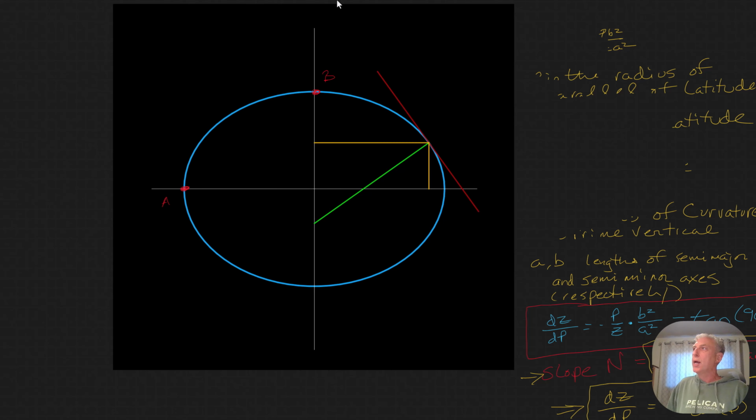Well, thinking about the curviness of a curve, the ellipse is flatter at point B than it is at point A, isn't it?